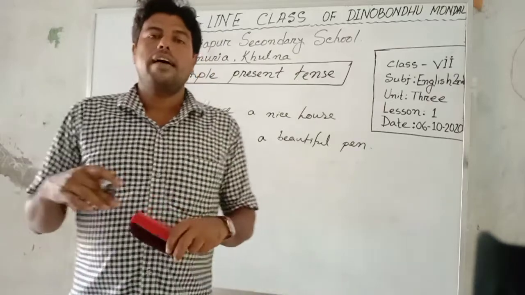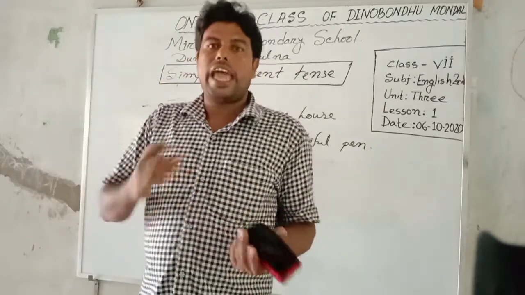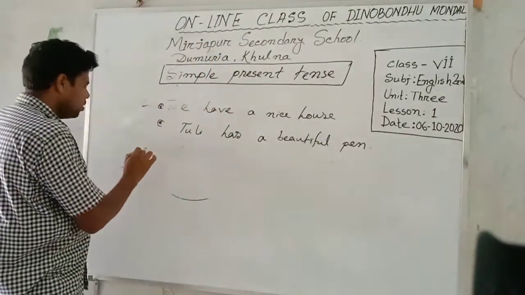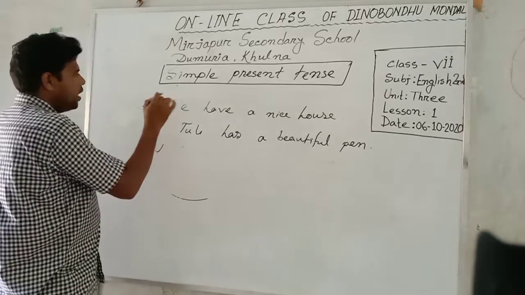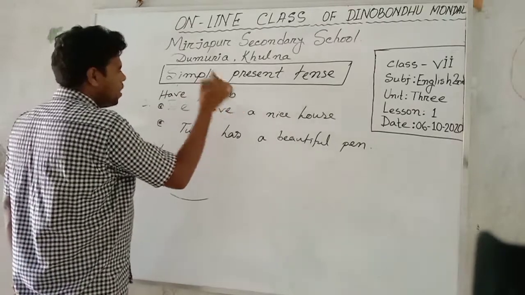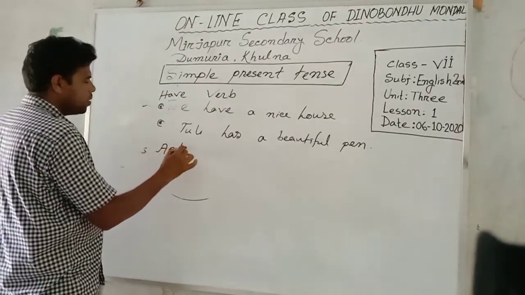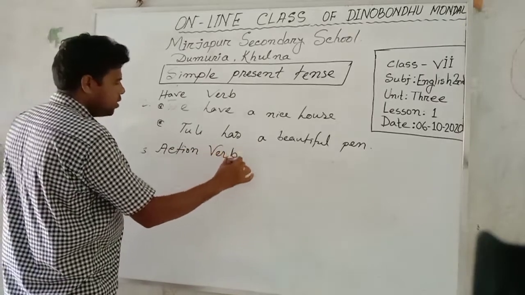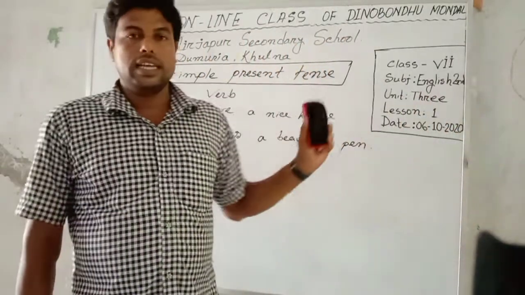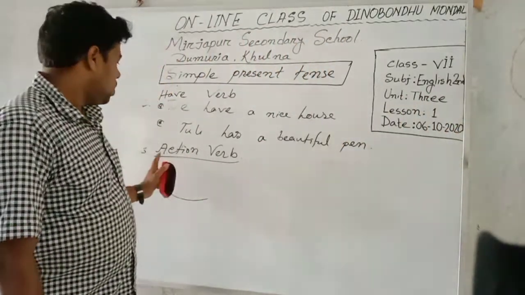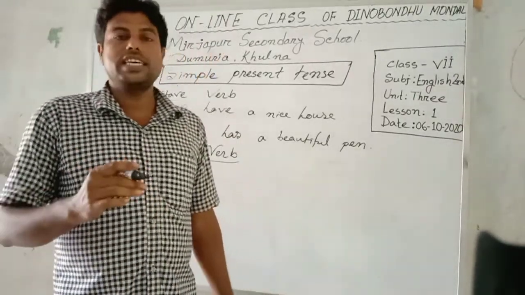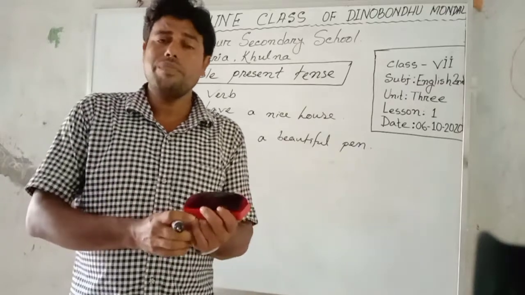Now we are using the action verb, that is from the third sentence. Number 3, action verb. From the example we wrote on the blackboard, we saw that the sentence was he teaches his students beautifully.